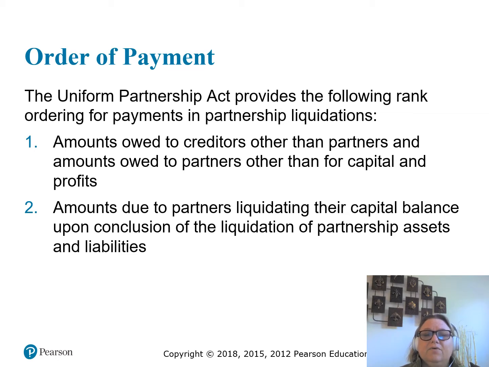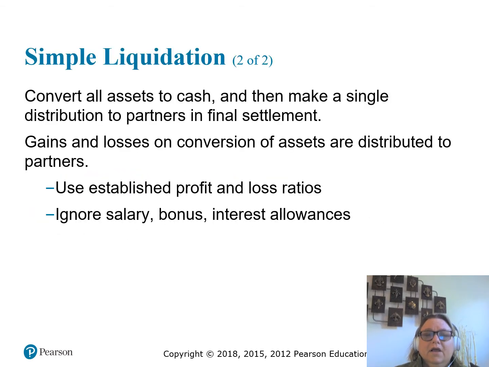So that's our order. In a very simple liquidation, you'll convert all the assets to cash, then make a single distribution to the partners in the final settlement. Gains and losses on conversion of assets are distributed to partners. You use established profit and loss ratios, and here's a big one, you ignore salary, bonus, and interest allowances.